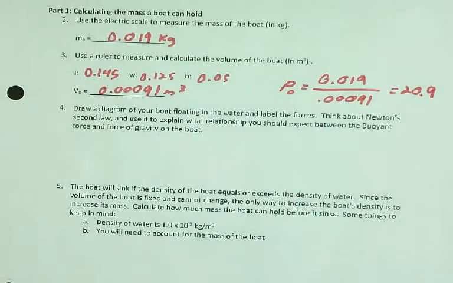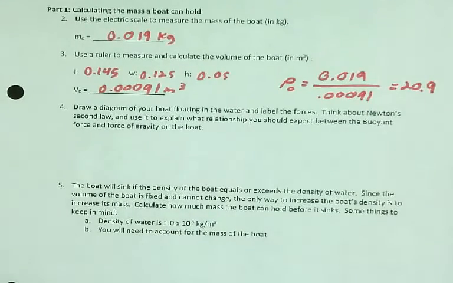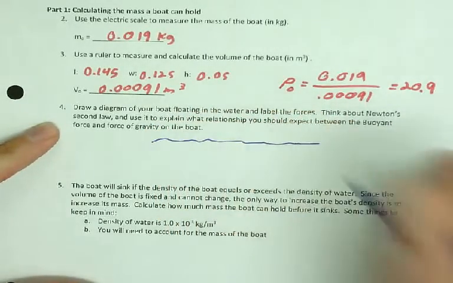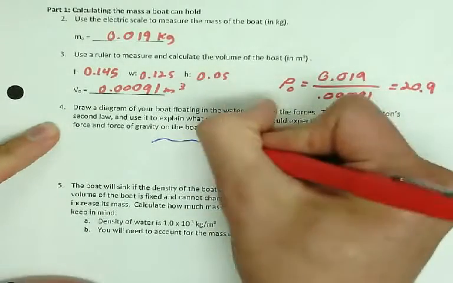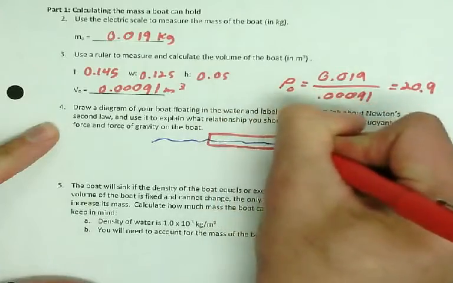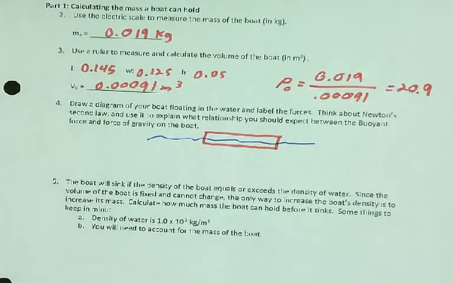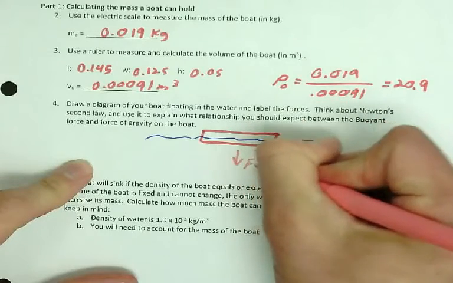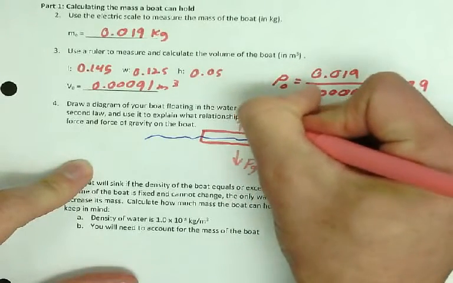So draw a diagram of the boat floating in the water, label the forces, and then think about Newton's second law. So here is the water. Here is my boat floating in the water. It's just a rectangular container. And the forces that I have are gravity down, buoyant force up.